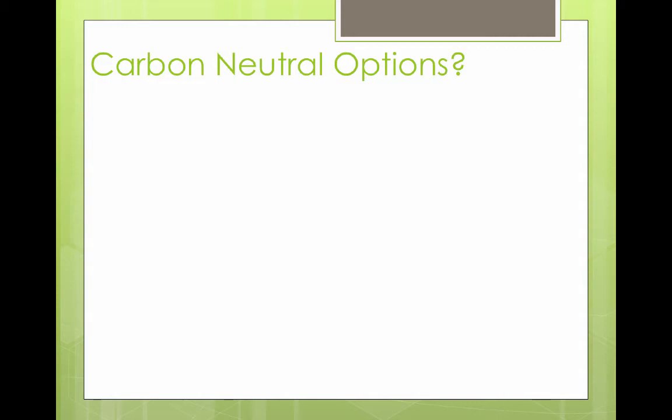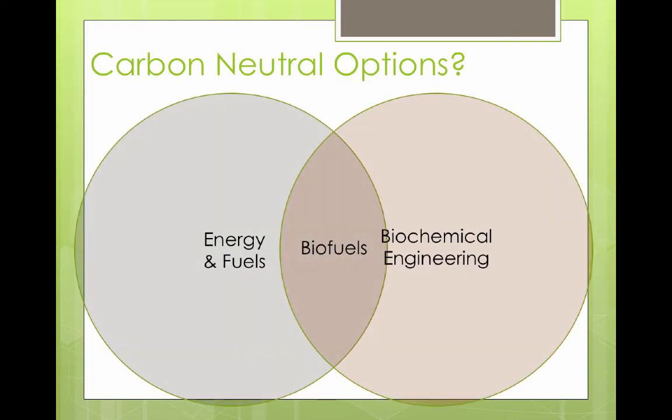Carbon neutral meaning things that consume carbon and emit carbon when burned, but when you add those together, the net change in carbon in the atmosphere is zero. So, yes, there are carbon neutral options, and this is the combination of energy and fuels and biochemical engineering to develop biofuels.